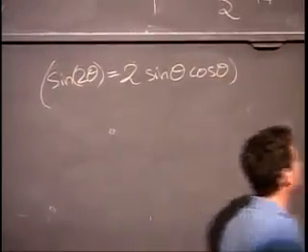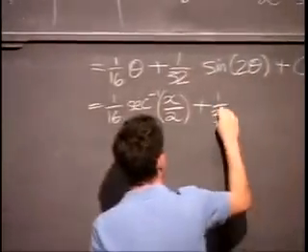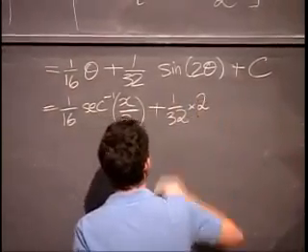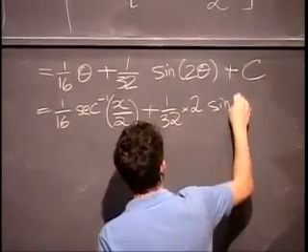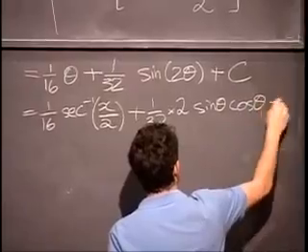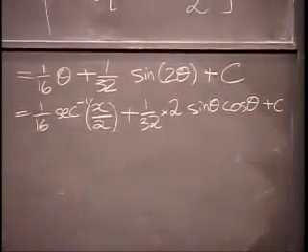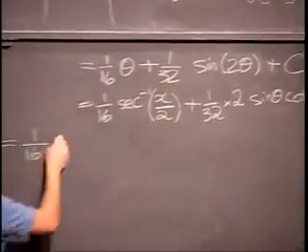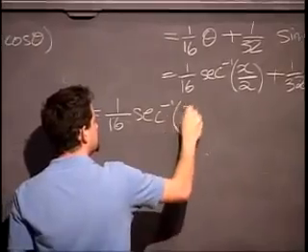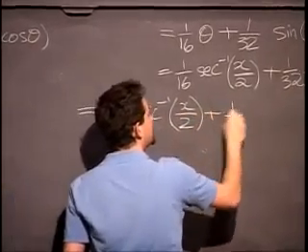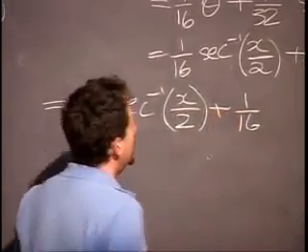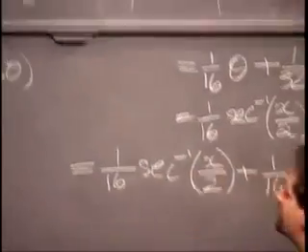So we'll get 1 over 32 times 2 sine theta cosine theta. Let's leave ourselves a little more room. We'll get 1/16. And now we come up to the triangle. What is sine theta?